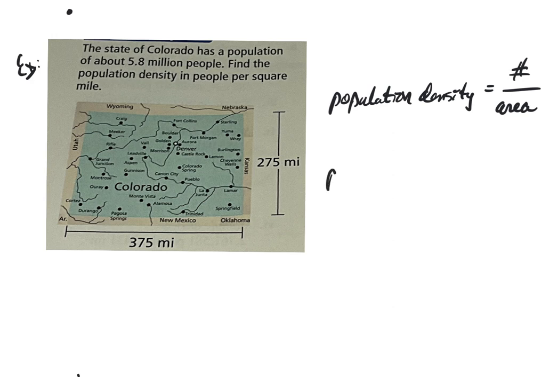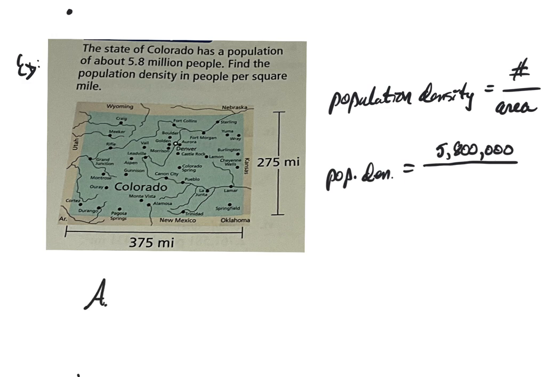Okay, so if we abbreviate this just a little bit, so population density, we're going to take the population of the state of Colorado, which they tell us in the problem is approximately 5.8 million people, and we're going to divide by the area. Now, in this case, the area is not just given to us as a value, but they show us that Colorado is roughly rectangular.